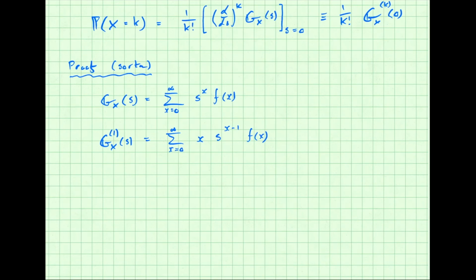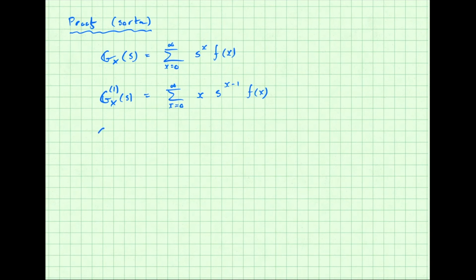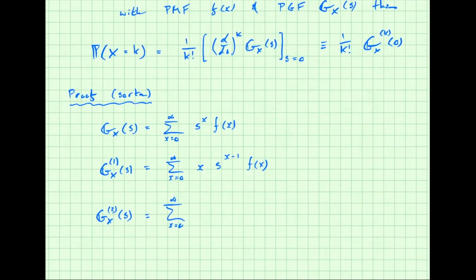All right, now let's look at the second derivative, and then we'll generalize. So again, it's the sum, and I'll just take the derivative of the line above. And so f of x doesn't do anything. This is a derivative with respect to s, remember? So go back up here.